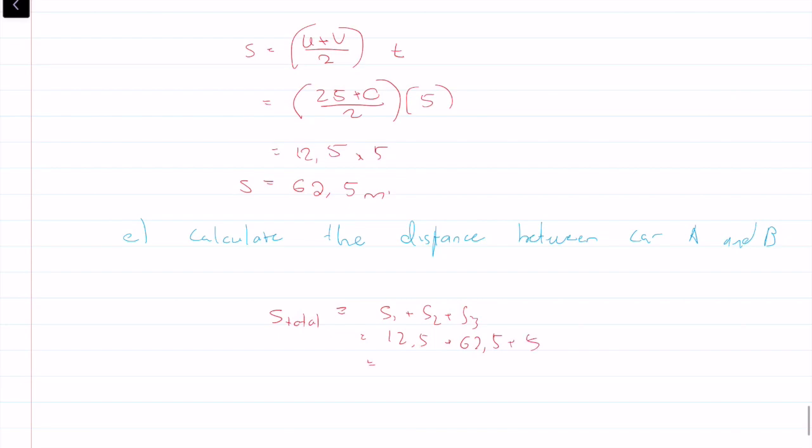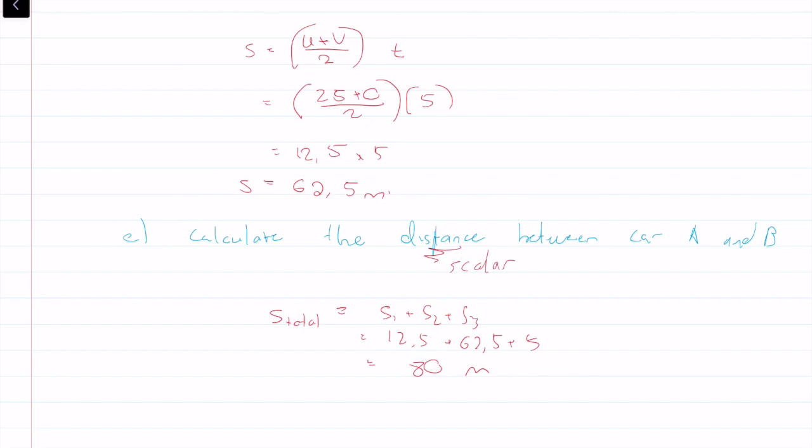So if we plug that into our calculators, what do we get? We get 80 meters. Or actually you don't need the direction there, because we want the distance, which is a scalar.